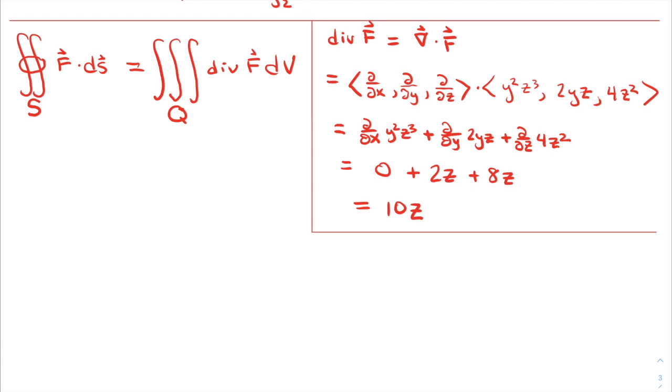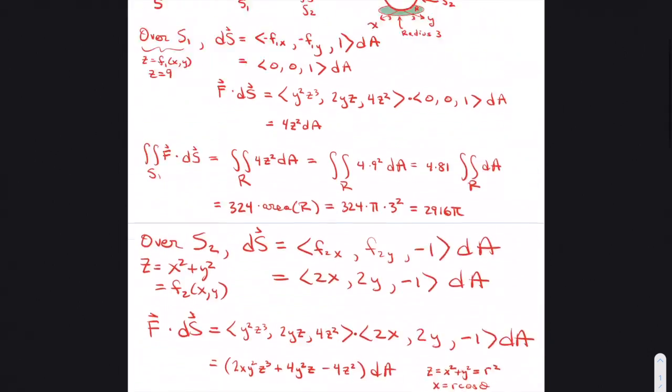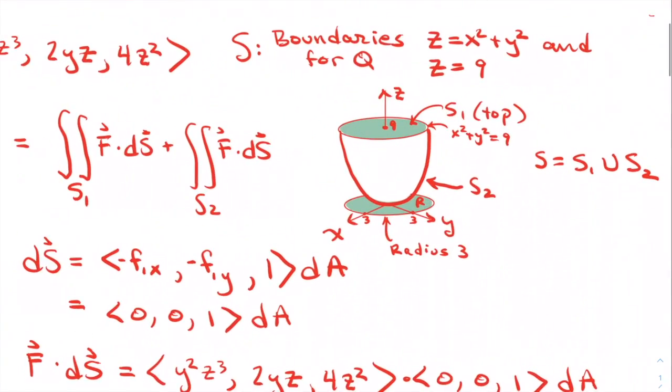We'll see what coordinate system we end up with. So this is equal to the triple integral over our solid of div f, which was 10z, dv. And maybe let's paste our surface back down here. There it is.